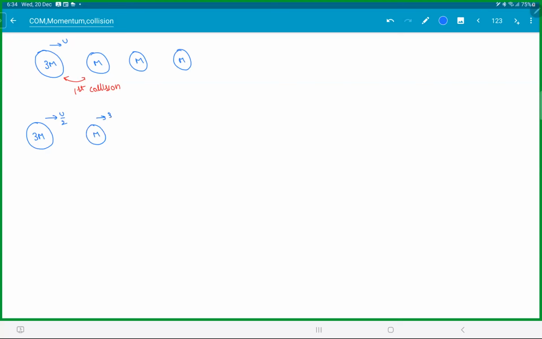This guy will go with 3u by 2. Now, this is the second collision. Actually, all this will happen instantaneously, but let's split it slowly. 3m is still traveling with u by 2. This m will come to rest, this m will gain velocity. So it will exchange velocities.